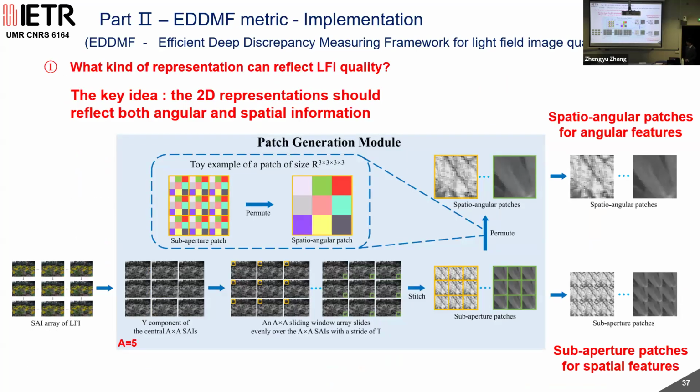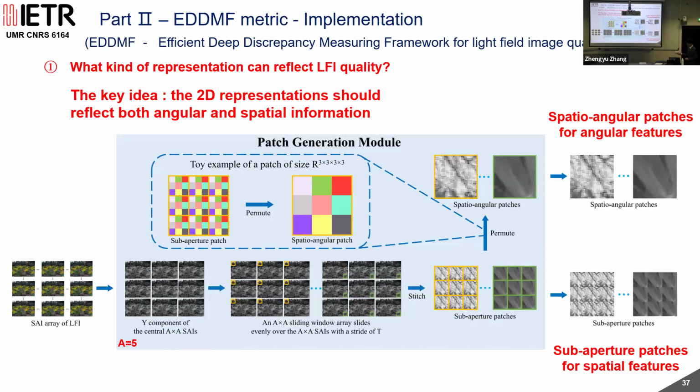To address the first difficulty, considering that the light field image contains both angular and spatial information, our key idea is that the 2D representation should reflect both angular and spatial information. So in this model, we first extract the white components of the central A by A views of the light field image, and that is to reduce the computational complexity.